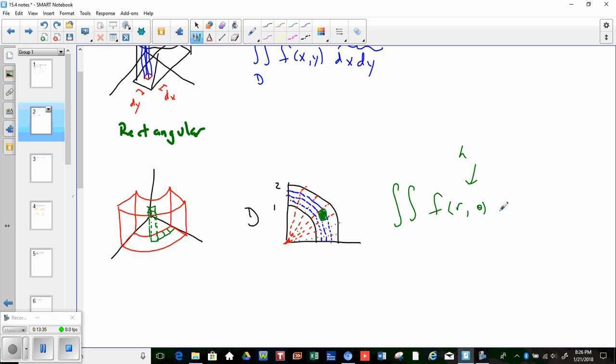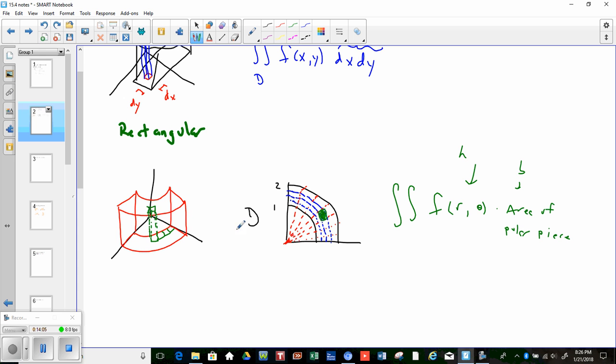Then we're going to have the base, which is the area of the polar piece, or this little polar wedge right there. If we add up all of those polar pieces times the heights, we should get the volume in the polar region.